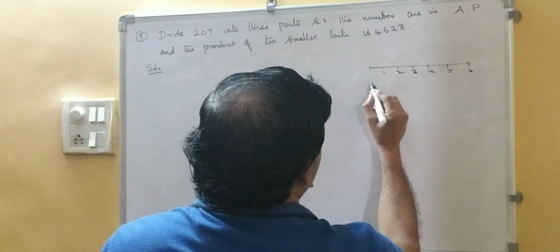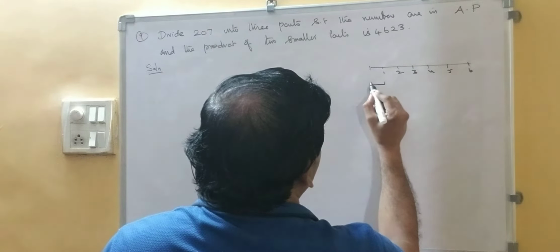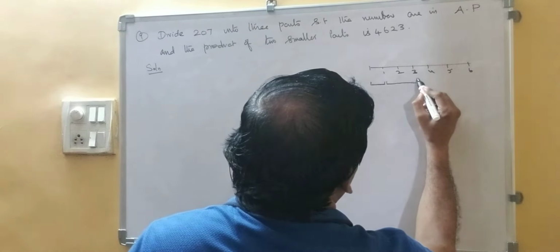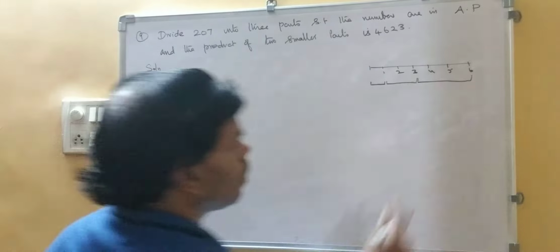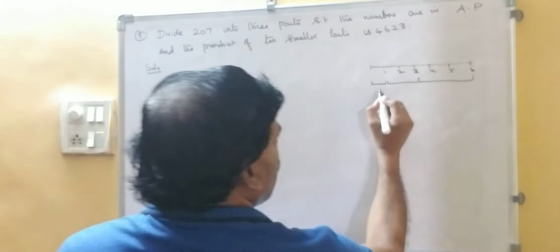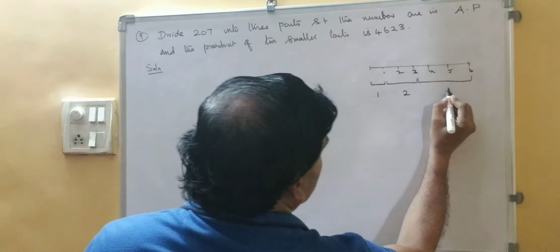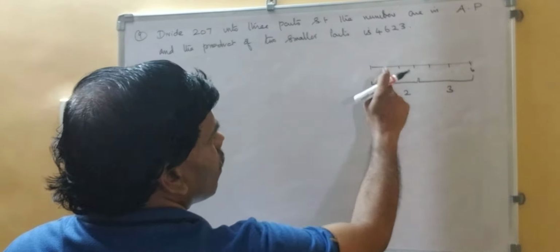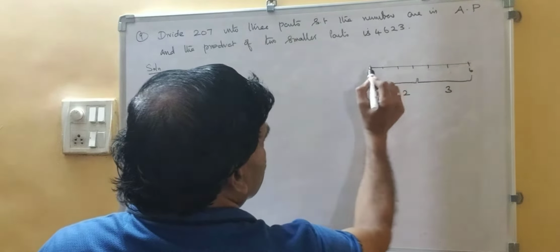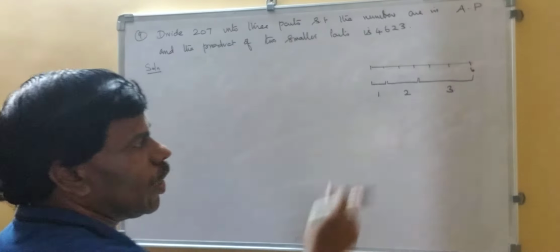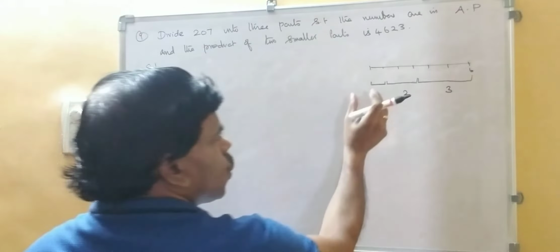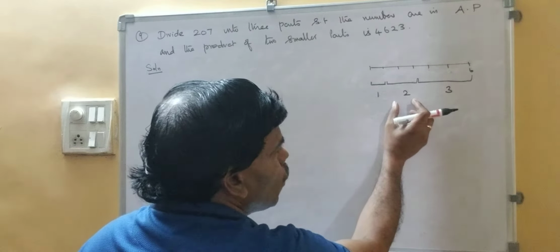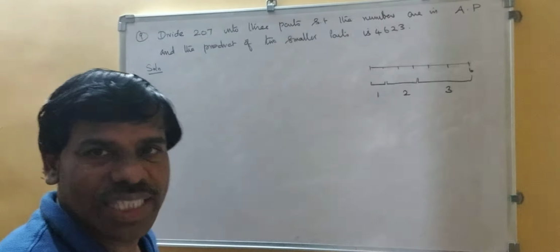This is one part, this is the second part, this is the third part. The first part will be 1, the second part will be 2, the third part will be 3.